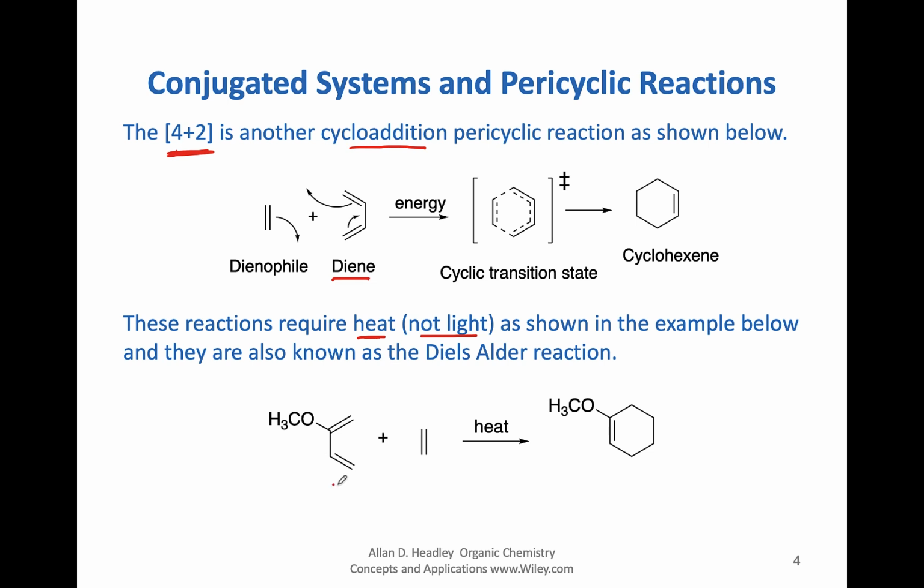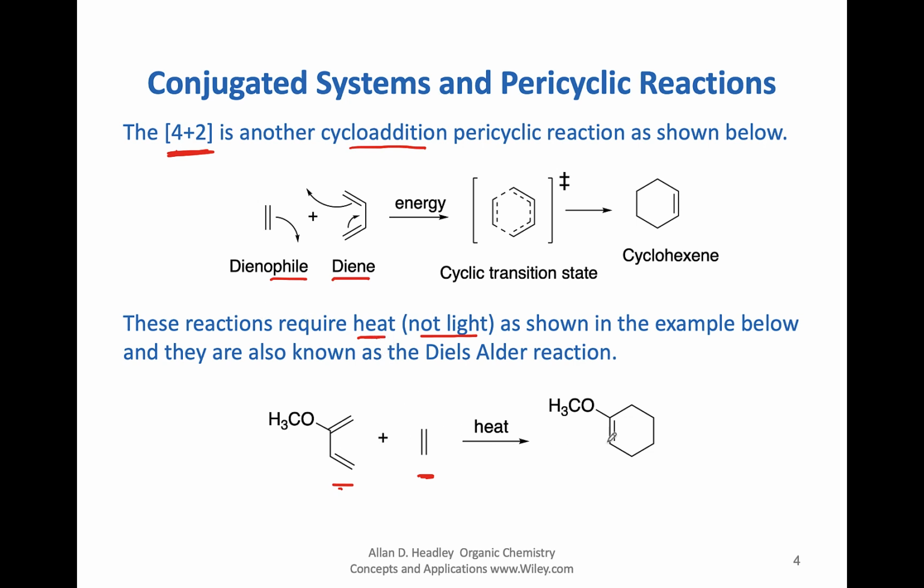As you can see here, we got them switched, but the same two reactants. This is the diene, and this is the dienophile. To refresh your memory, the diene has 2 enes. And the dienophile, phile here means loving, so the dienophile loves the diene. That's why a reaction occurs, because they attract each other.